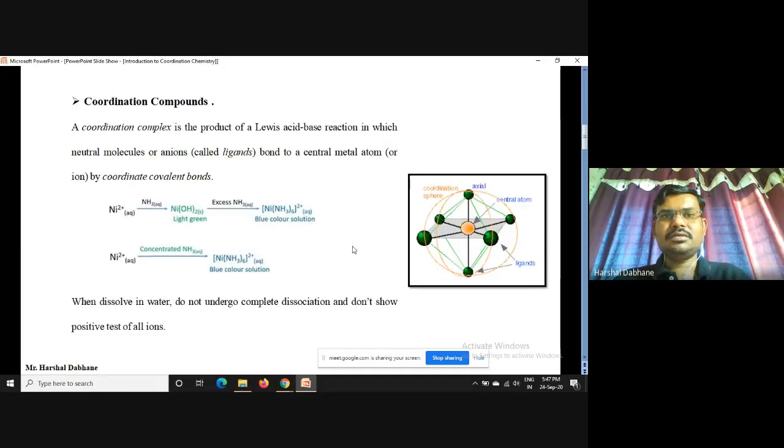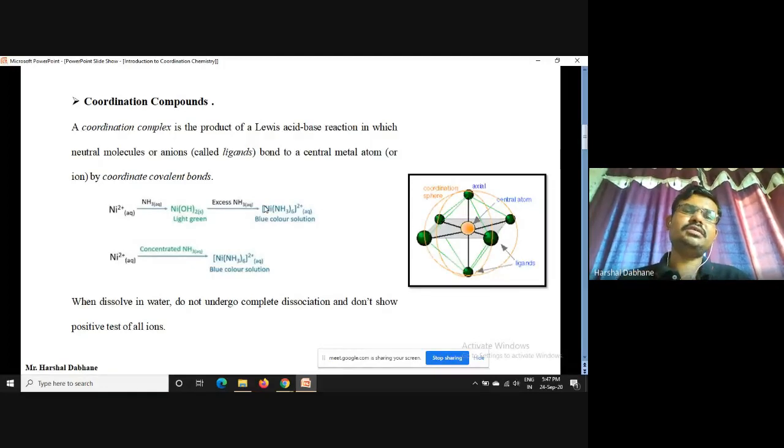In coordination chemistry, when we dissolve a coordination complex in water and try to do the test for a particular metal, here we have hexaamminenickel(II), this blue complex. We dissolve it in water and try to test for nickel with DMG, dimethylglyoxime. That solution will not give a positive test for nickel.